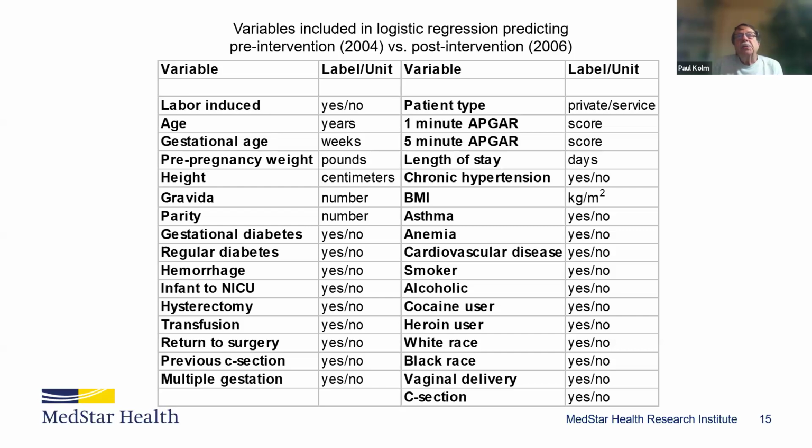This is one situation where you want to use as many variables as you can, because the idea is to develop a propensity score based on as many covariates as you have. In this study, we have quite a few.